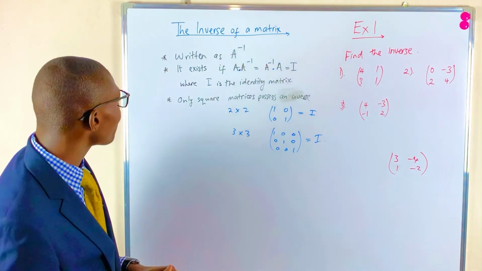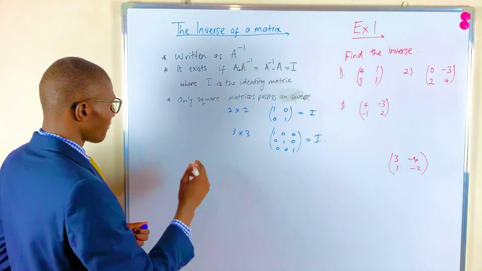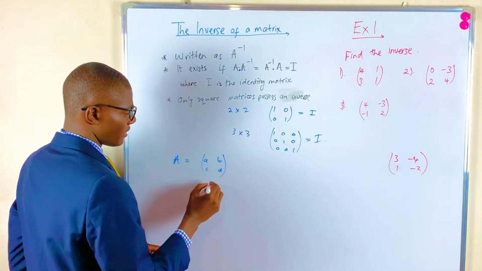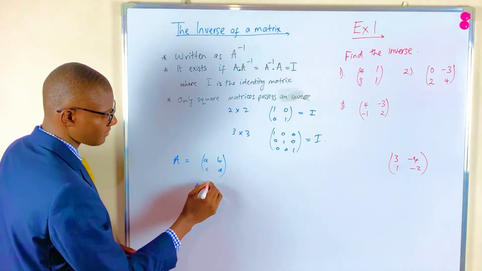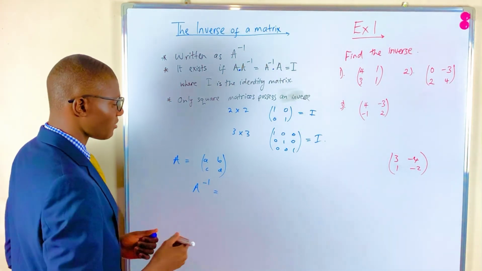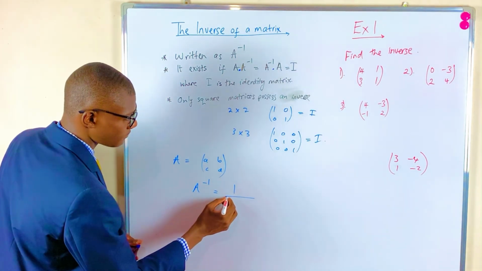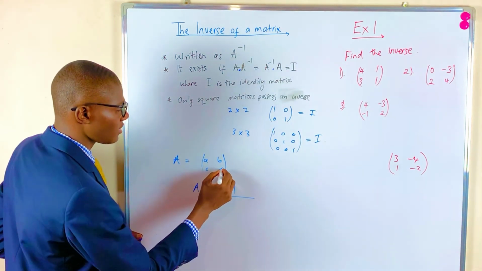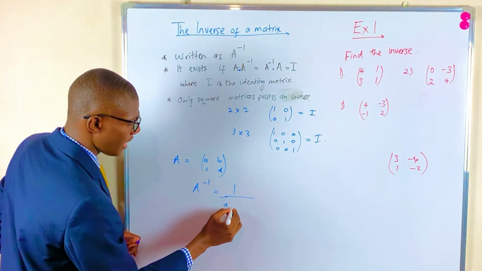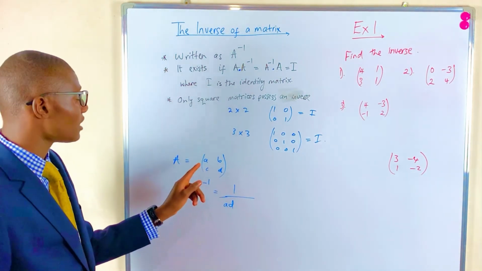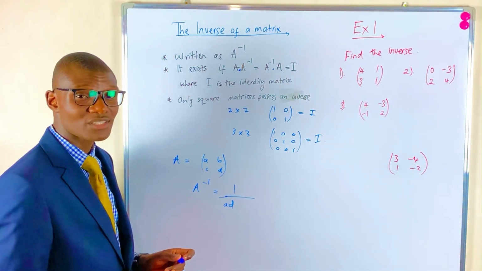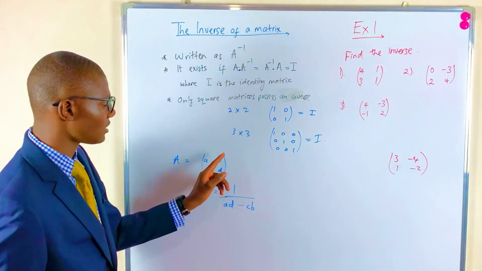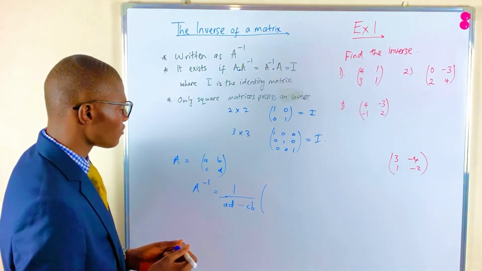So now let's say for a matrix A that is equal to A, B, C, D, we're saying that the inverse of this matrix is given by 1 over, so here we cross multiply, the product of the diagonals, the difference of the products of the diagonals, which is AD minus CB, then multiplied by the matrix.